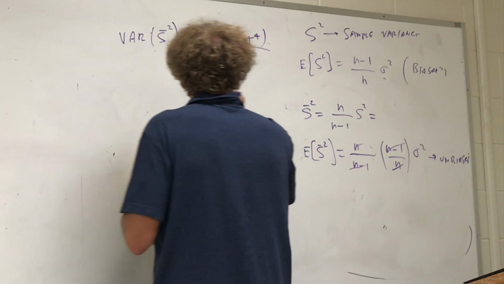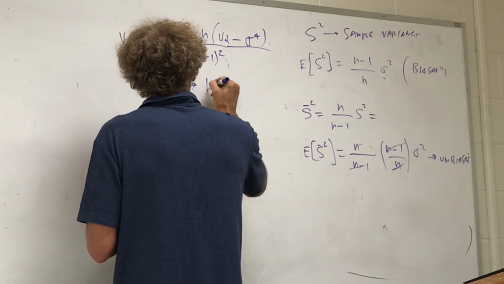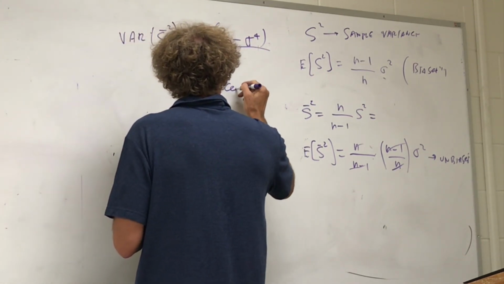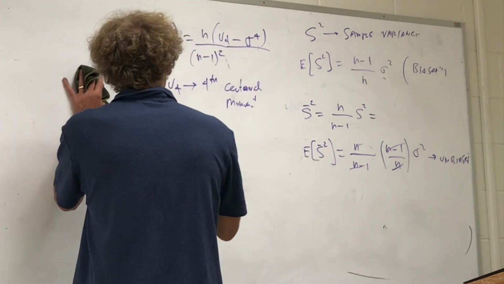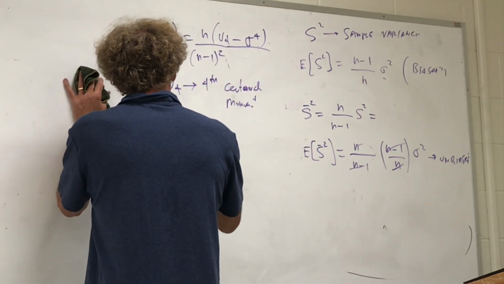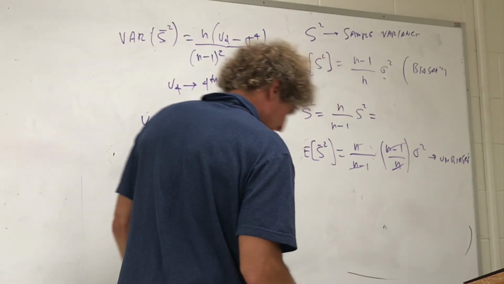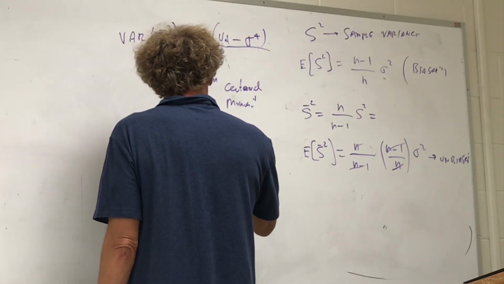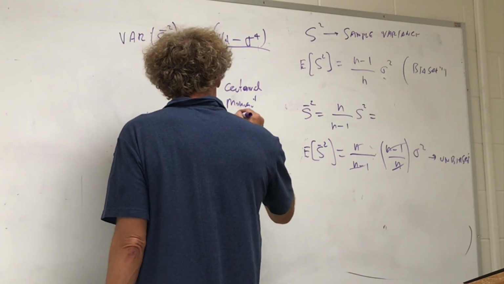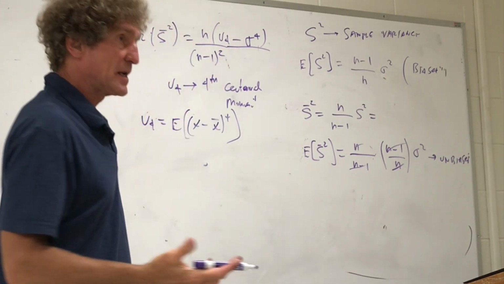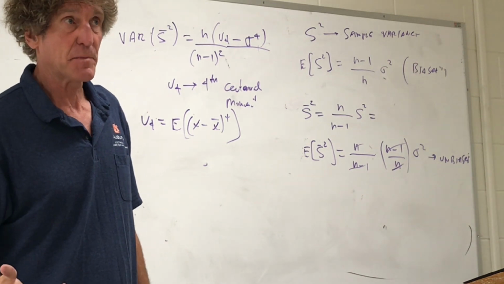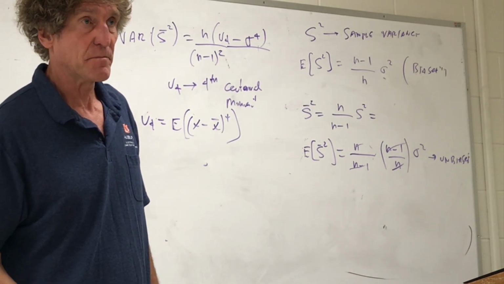Now this is important, mu to the 4th is the 4th central moment, and mu to the 4th is the expected value of x minus x bar to the 4th power. Now, if the mean is 0, it is the expected value of x to the fourth, if the mean is 0.